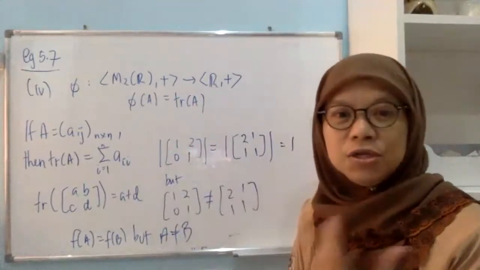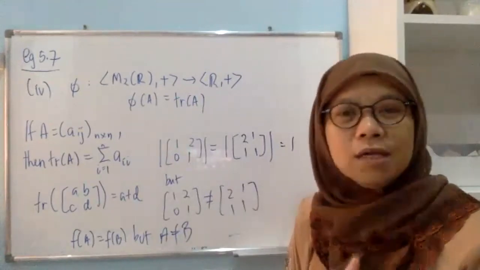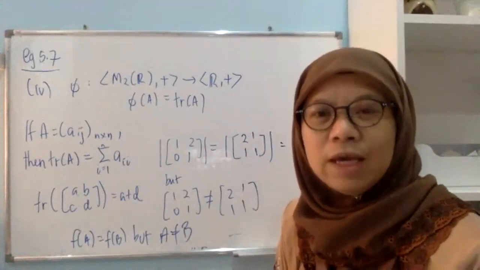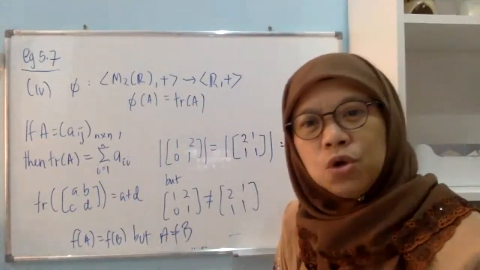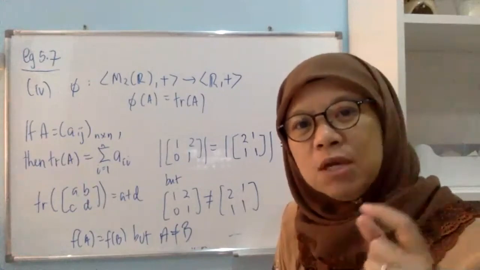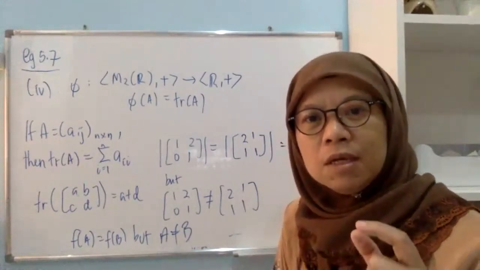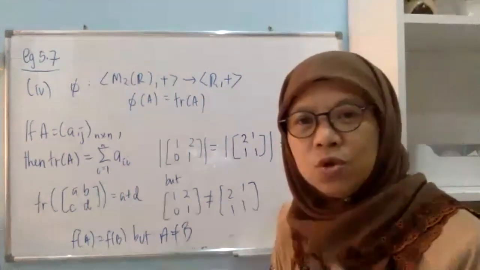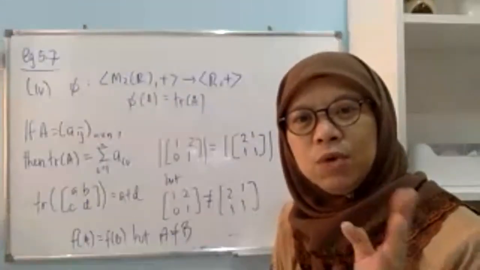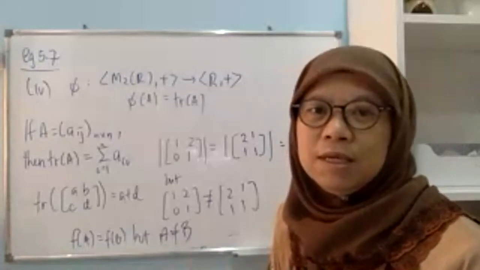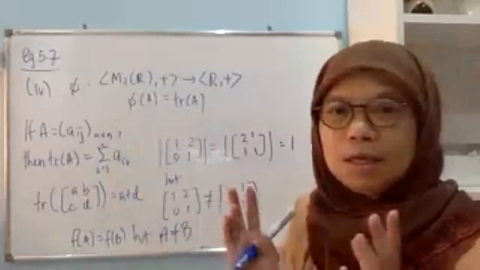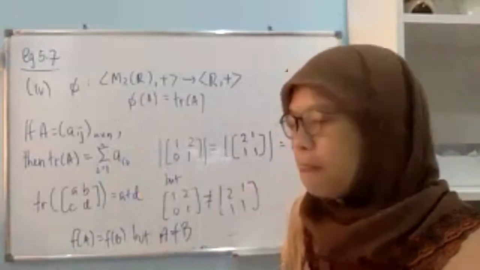So I can ask you, why is it not an isomorphism? Or I can ask you, show or decide whether each property of the isomorphism is satisfied or not. Meaning, even though it is not an isomorphism, I want to see whether you understand each property. For this one, yes, it is a homomorphism.